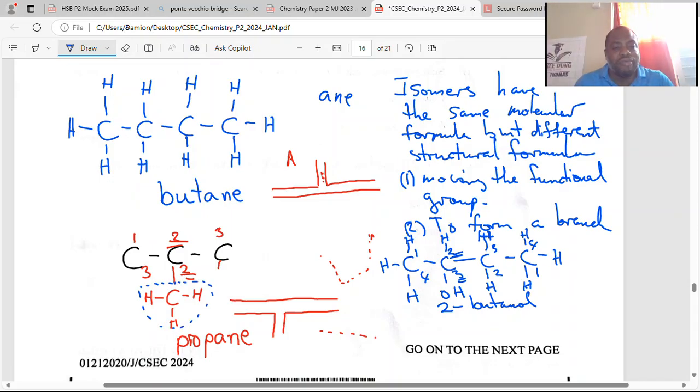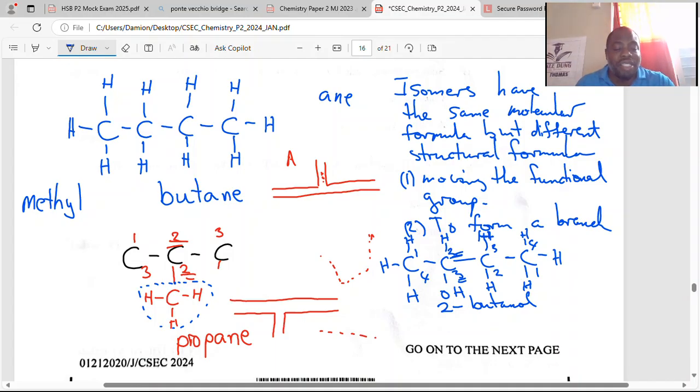When you have a branch that has only one carbon outside of the longest chain, we now call it a methyl group. So we have to tell persons that there's a methyl group present in this compound.